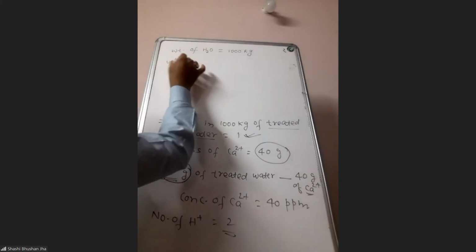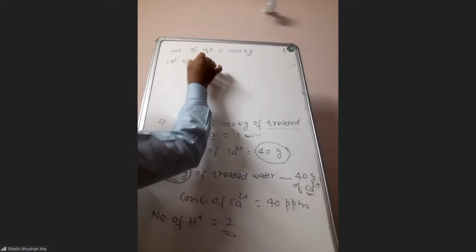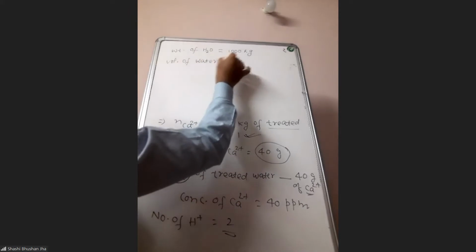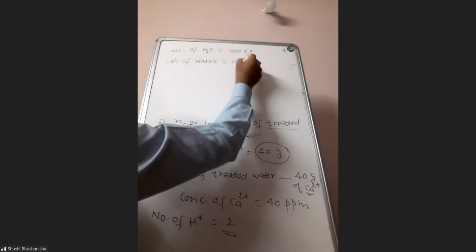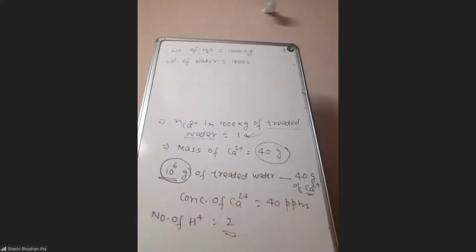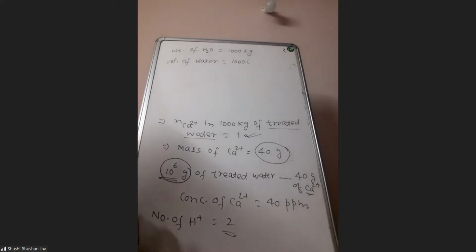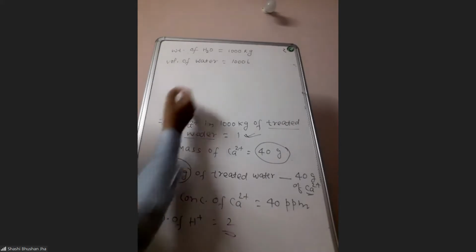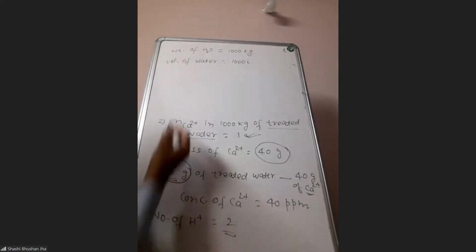So the volume of water will be 1000 liter. Since density is not given in the question, we will assume that density is 1 gram per ml, or 1 kilogram per liter. So the volume of water will be 1000 liter.